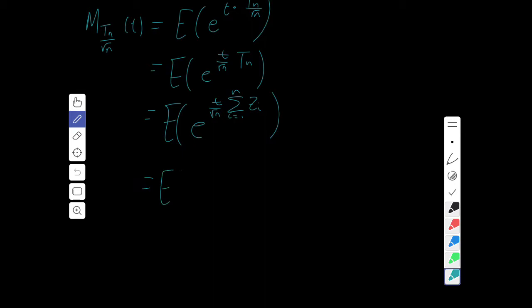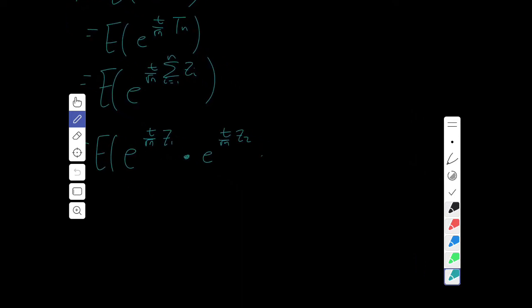And now this can be written as e to the t over root n Z1, and I could write plus in the exponent, but I'm going to bring it out and write it as e to the t over root n Z2, because remember, when we multiply the same base, we can add the exponents. So that's equal to e to the t over root n Z3, and then all the way to e to the t over root n Zn.